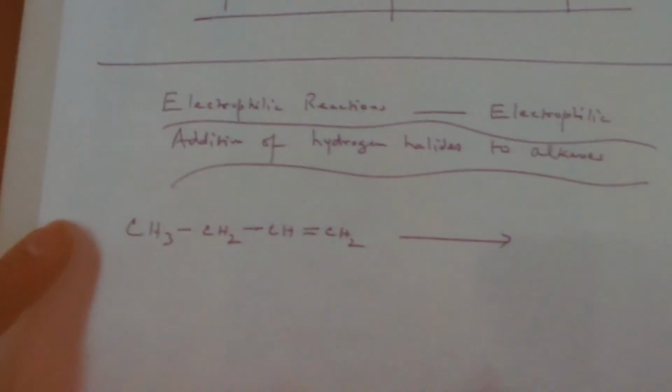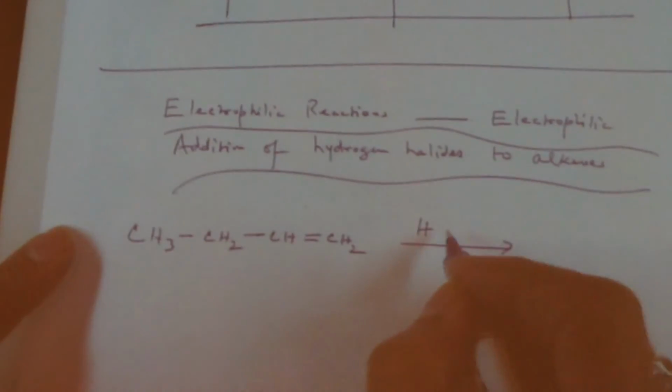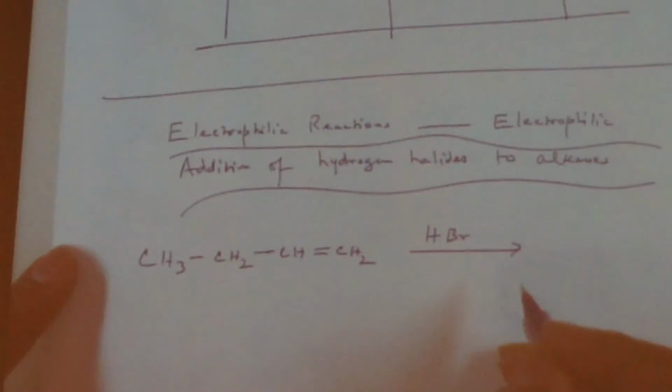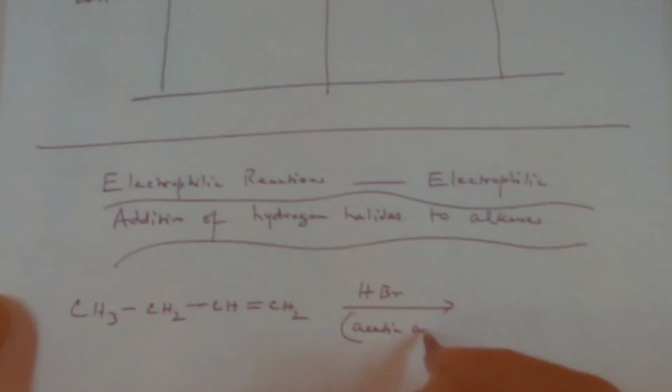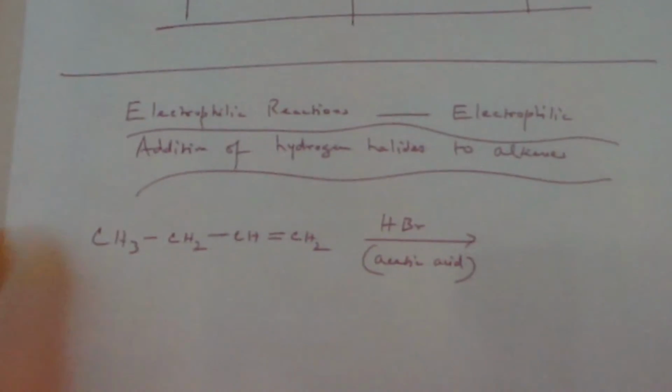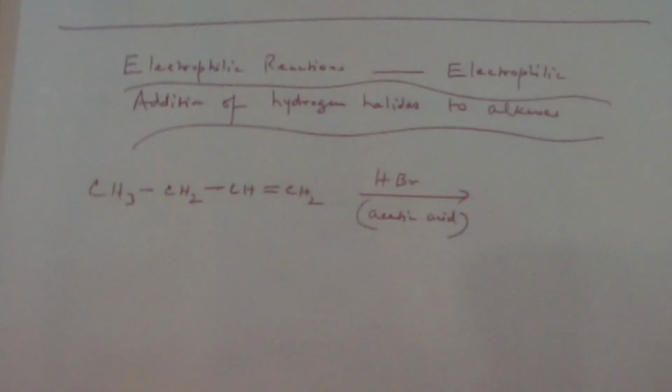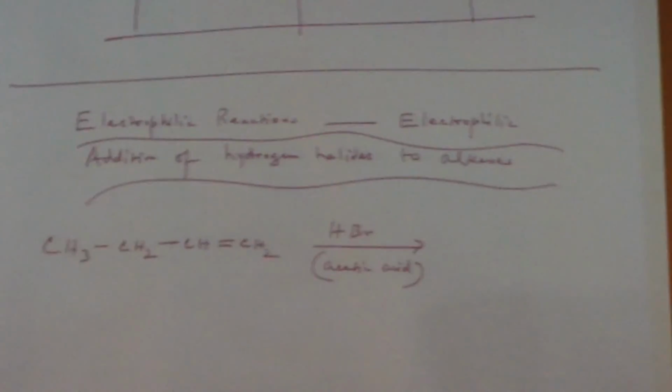if you have 1-butene, and then you add hydrogen bromide, for example, in the presence of a solvent such as acetic acid. So now, see, you can end up with 2 different bromides.